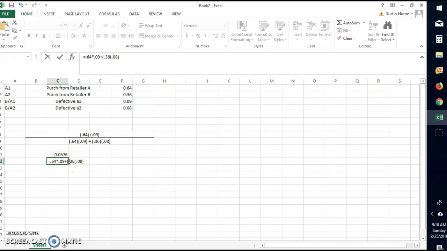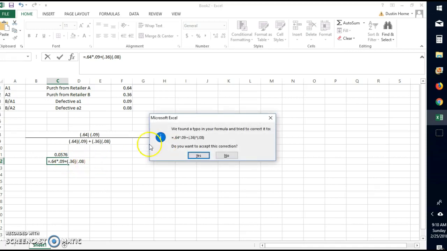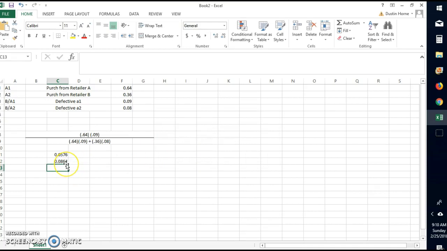I did parentheses instead of, okay. So that would be your numbers, and then you could do this in the calculator, I'm just doing it on Excel. So your probability that the defective DVD came from retailer A is 0.67.